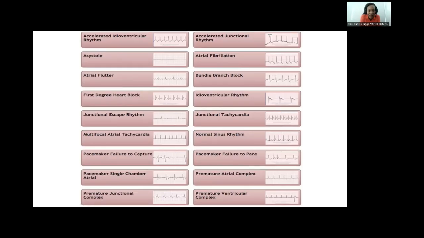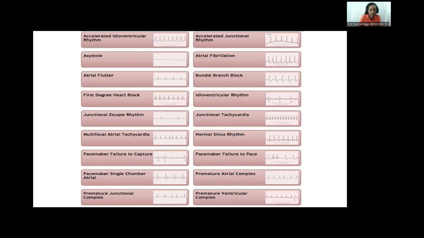Now, everyone, there is a possible 29 different EKG strips that you could be asked about on NCLEX. Obviously, we don't cover 29 strips. We cover the most common, the most frequent, the most relevant ones that you'll be questioned on. But there are a lot of EKG strips that you're asked about, and you need to be familiar with quite a few of them.